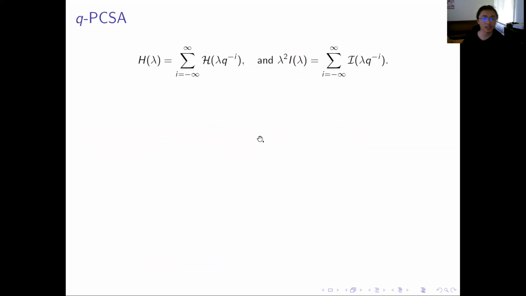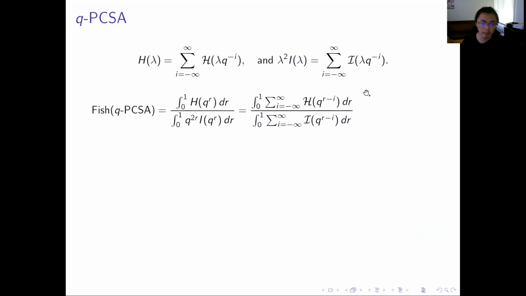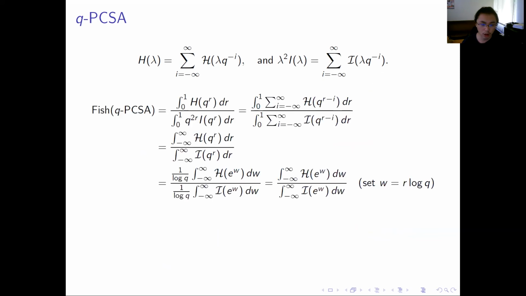Now we can just insert what we have into the definition. The entropy of the sketch is just the sum of the entropy of each independent cell, and the normalized information of the whole sketch is also just the sum of the normalized information of each cell. By inserting into the definitions, the Q gets cancelled out.